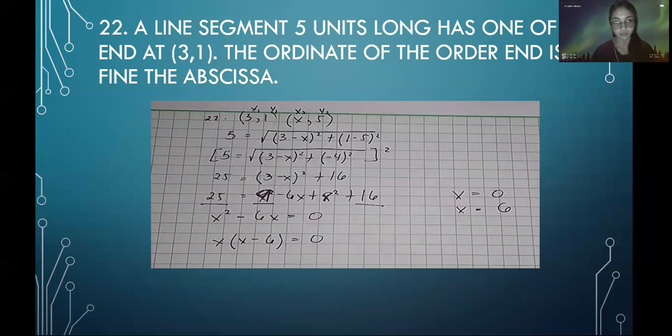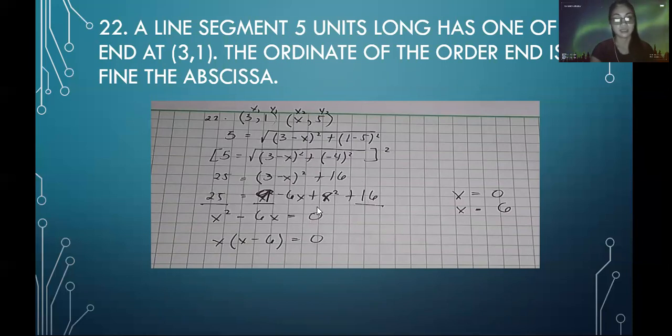Then transpose. So 25 minus 9 minus 16 is equal to 0.